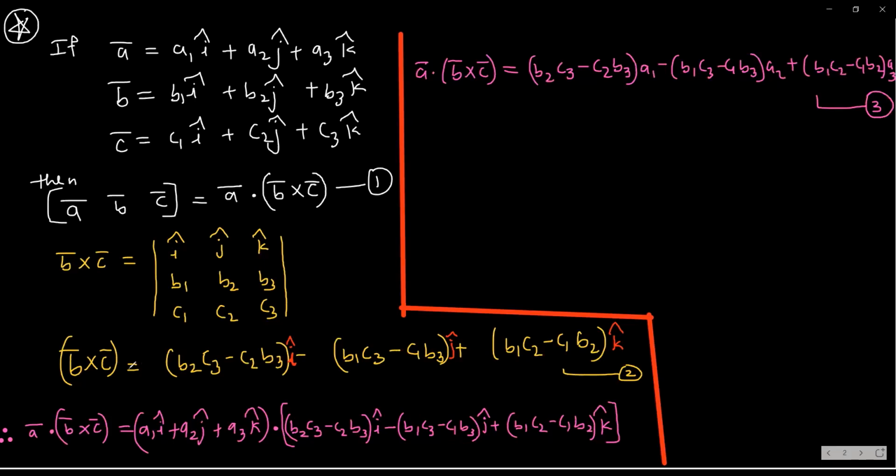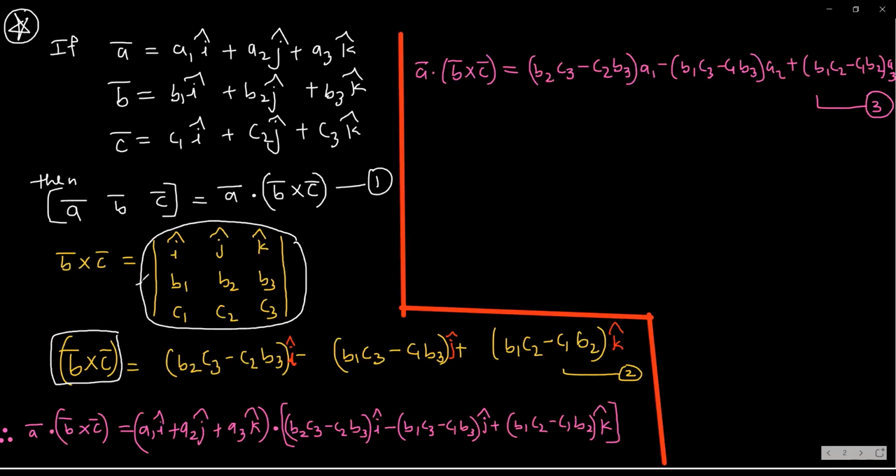Can I replace this b bar cross c bar by this? Obviously yes. Why?